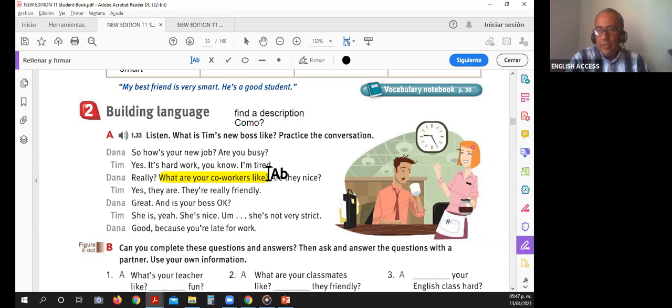Look at the questions. It's in yellow. I highlighted the question because in the listening, you are going to listen to the whole conversation, and pay attention when the question is brought up. When you hear the question, you are going to understand a little bit more.